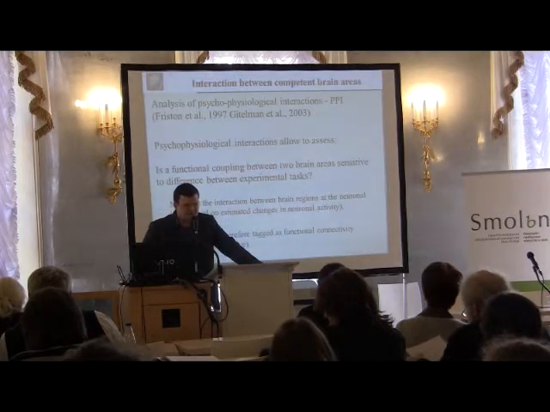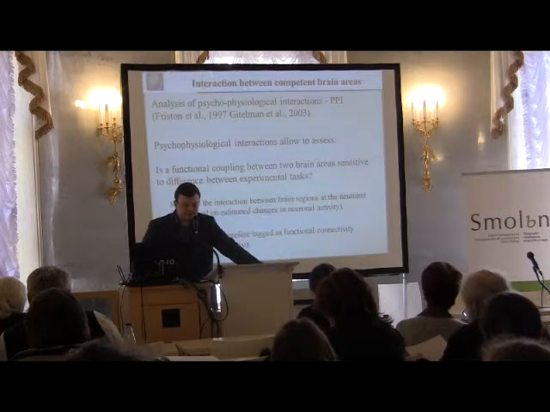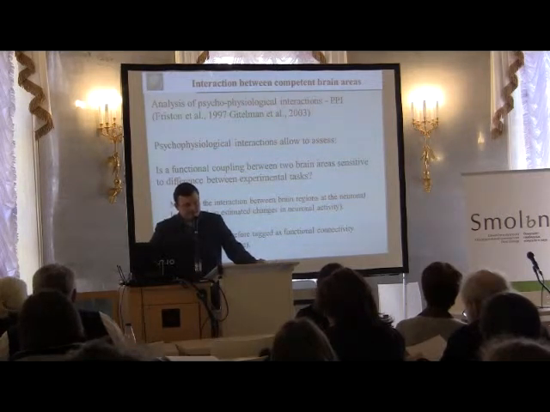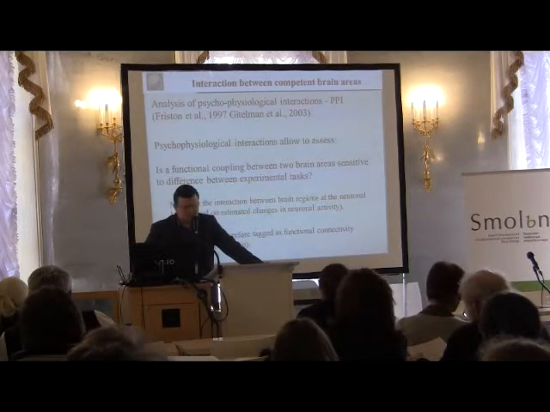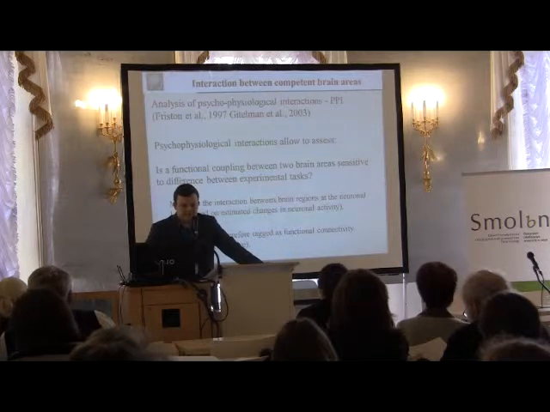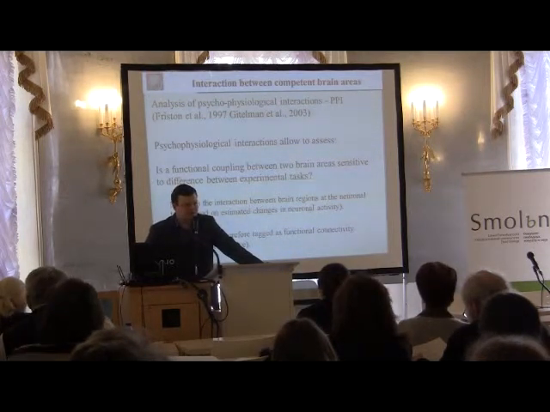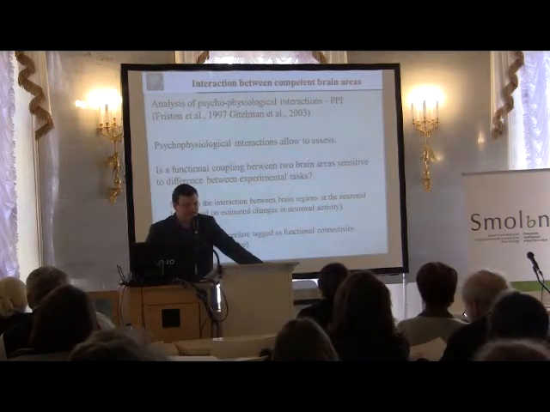So there are some methods which allow you to analyze functional connectivity, the connectivity between brain areas involved in some tasks. Here is one such example, the analysis of psychophysiological interaction, also called PPI analysis.